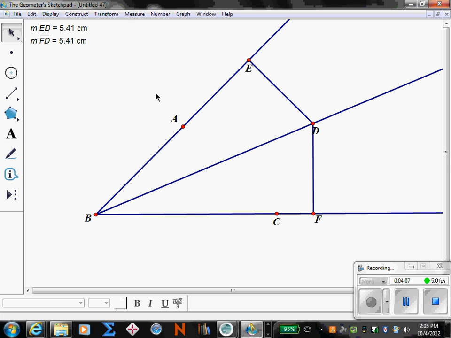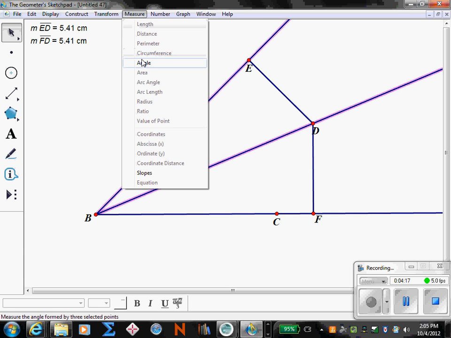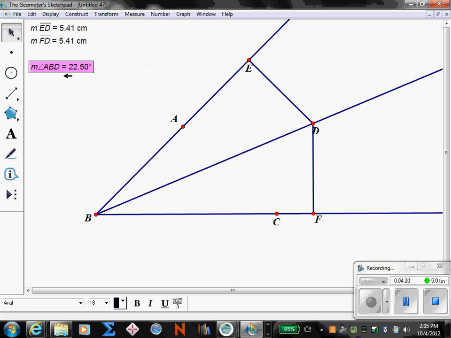sides of the angle. So I am going to highlight this angle down here and measure it. Then I'm going to measure the other part. So we know that ray BD is an angle bisector.